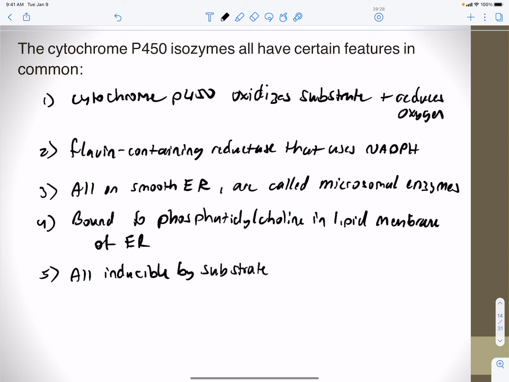So for example, the cytochrome P450 CYP2E1 levels will increase in alcoholics. So the more alcohol you drink, the more of the actual cytochrome P450 2E1 your cells will produce to metabolize the alcohol. So the presence of alcohol will induce the expression of the cytochrome P450. And they're also going to have the potential to generate free radicals.